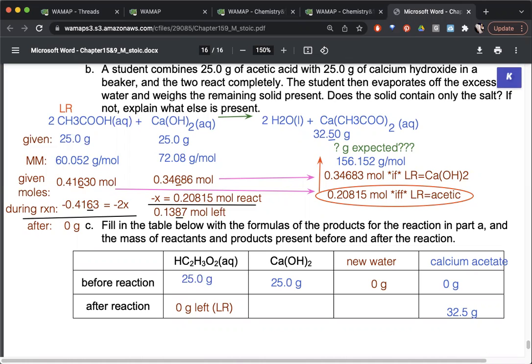So in order to figure out those grams, I'm going to take this molar mass and the moles left and combine those to calculate grams left. Okay, 9.998 to 3 sig figs is 10.0 grams.